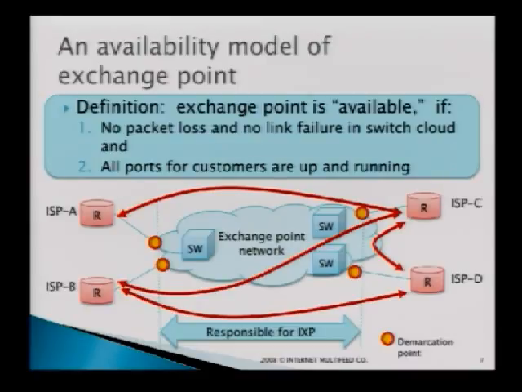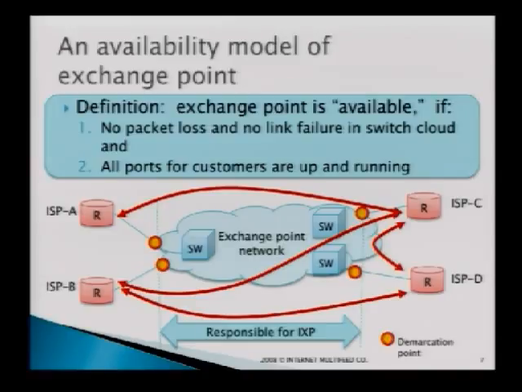So there is a demarcation point between them, the exchange point network and the ISP's routers. Between this, it's the responsibility of the exchange point. So from this perspective, I would like to define the simple availability model.